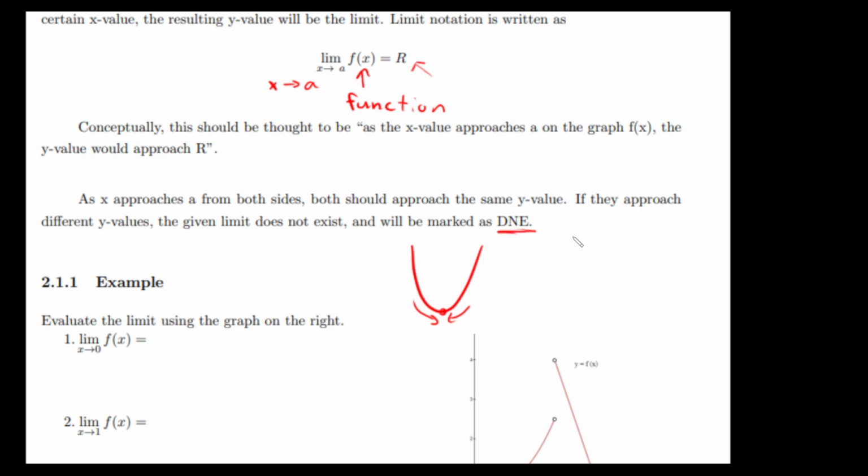Say, for example, a graph goes like this, and then there's a gap here, and it goes like this, and say this is at x equals 4. How we write this out is the limit as x approaches 4 of f of x. It won't exist, because from the left side it's approaching one value, and from the right side it's approaching a different value. If they approach different values, it doesn't exist, because the limit is approaching two different values.